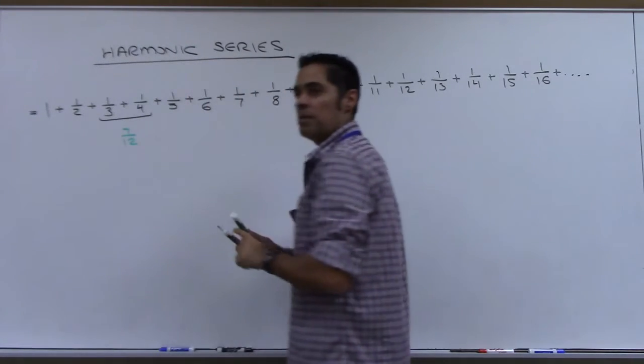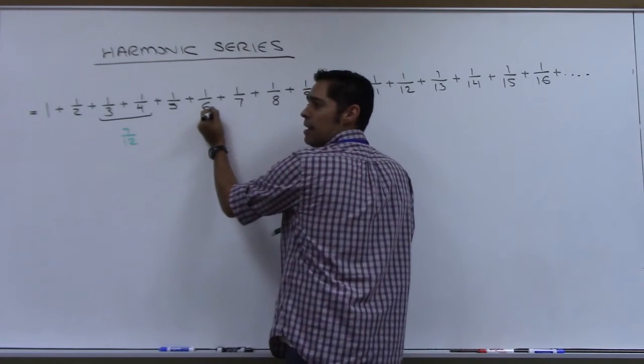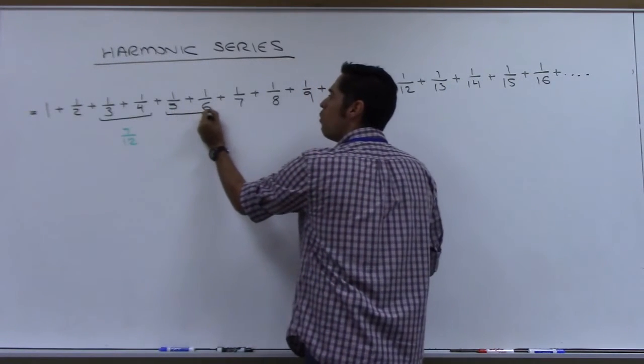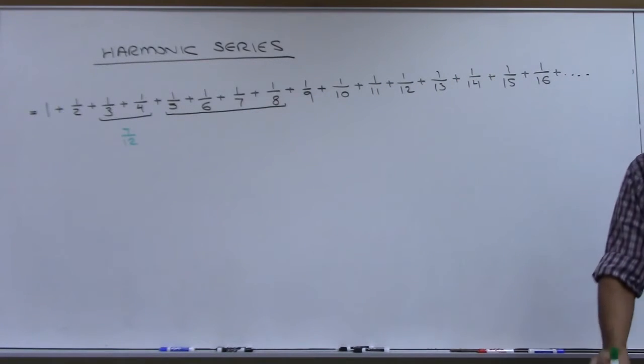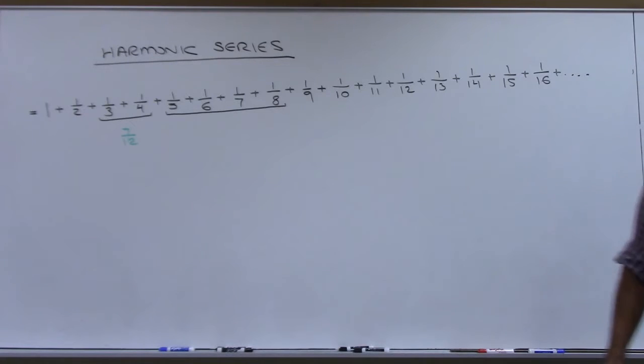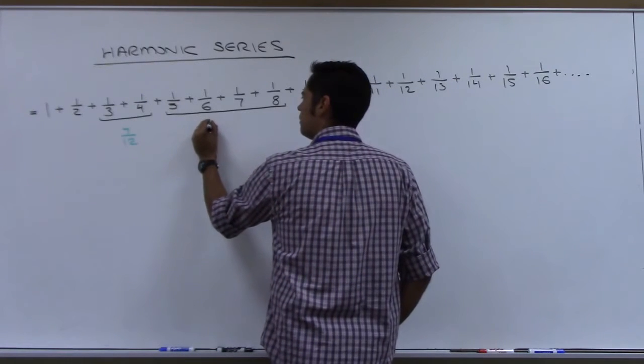Now we might need someone with a calculator for the next one. Don't take the next 2 and add them together. I want you to take the next 4 and add them together. Anyone have a calculator that can do that quickly? I'm looking for it as a fraction, or a decimal, it doesn't matter. 533 over 840.